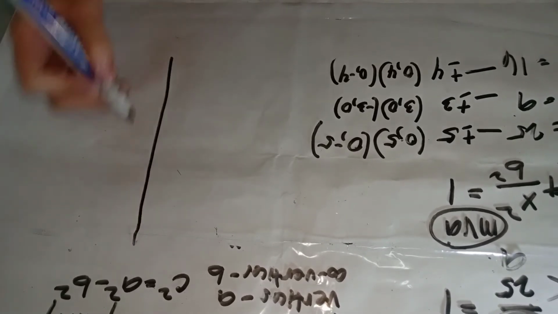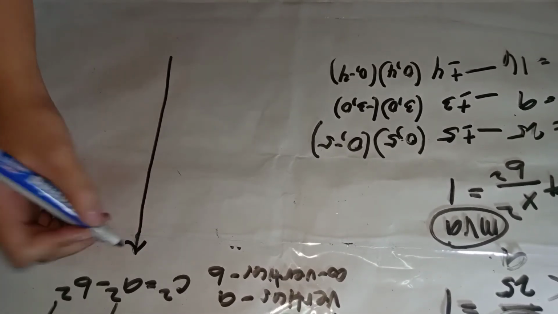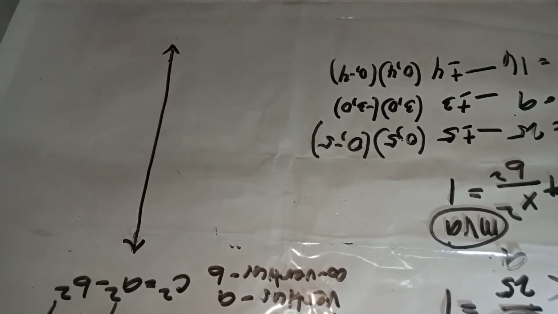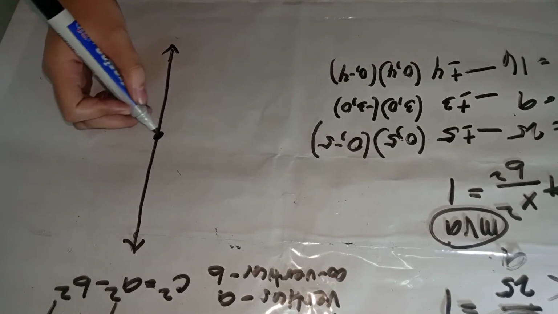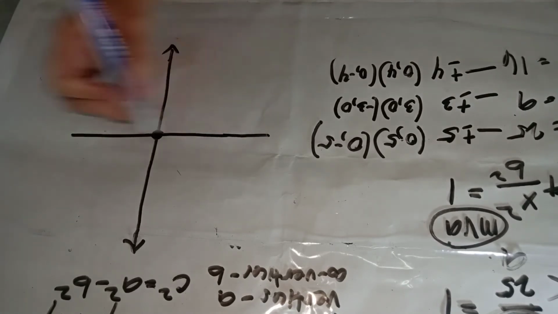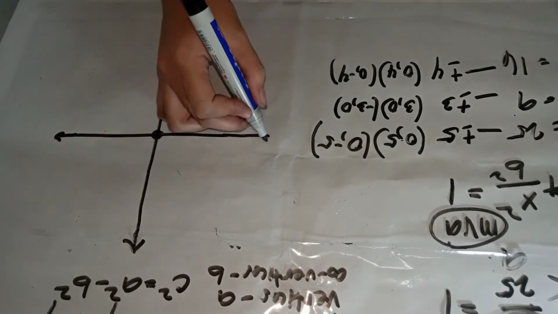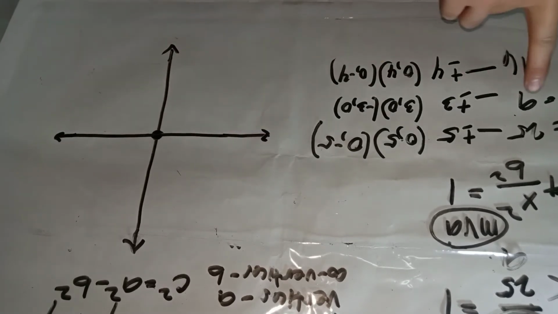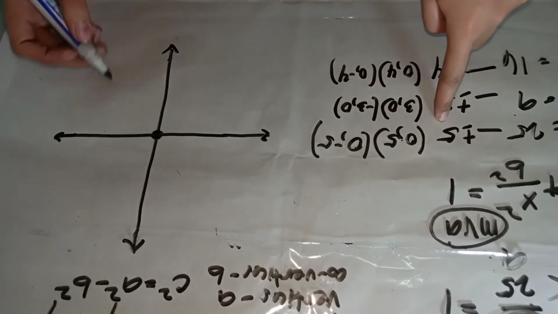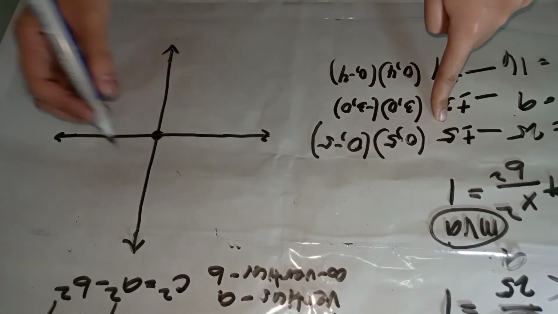So, since it is major vertical axis, nakatayo yung ellipse na i-graph natin. So, this will be your center. What is A? A is positive, negative 5. So, let's start with the positive.